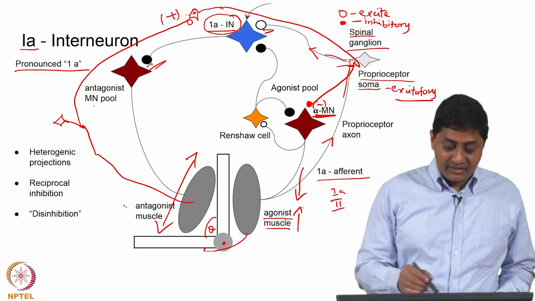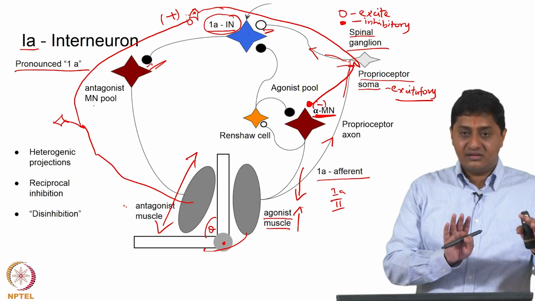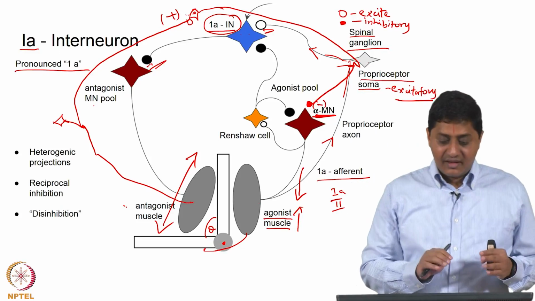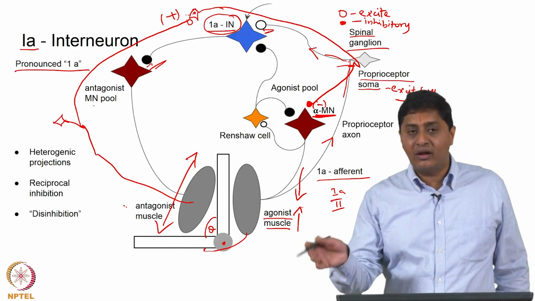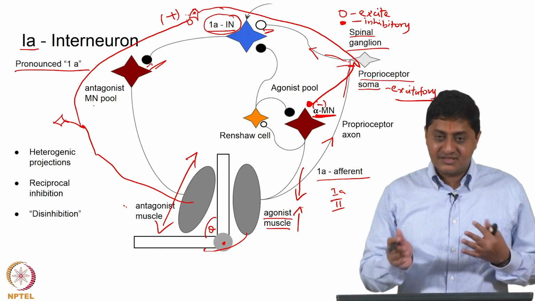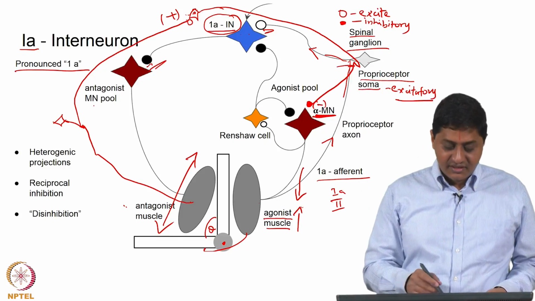So there is reciprocal inhibition. In other words, the projection is going to the opposite muscle. This is true for all the muscles that have counterparts. In every case there is somebody else.